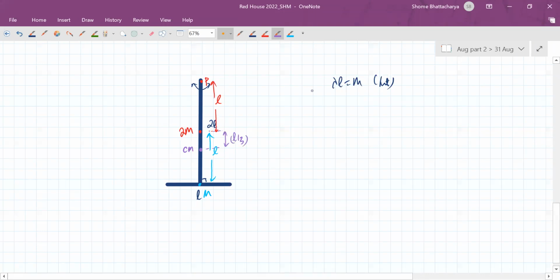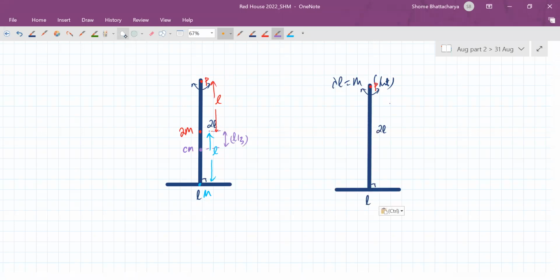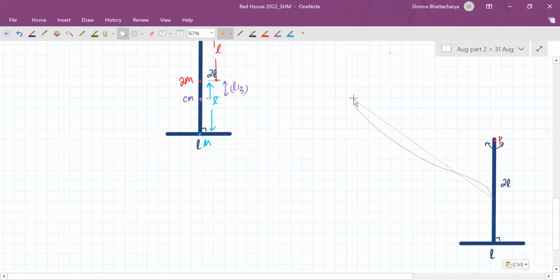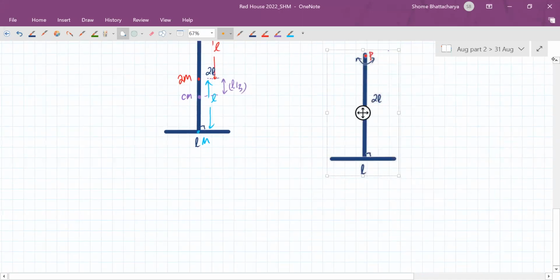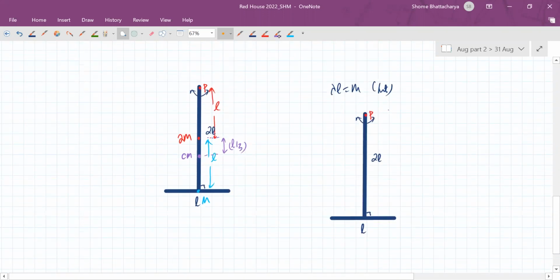Okay, so now the overall system center of mass will be at a distance of 4L by 3 from the point P. So that distance will be 4L by 3.